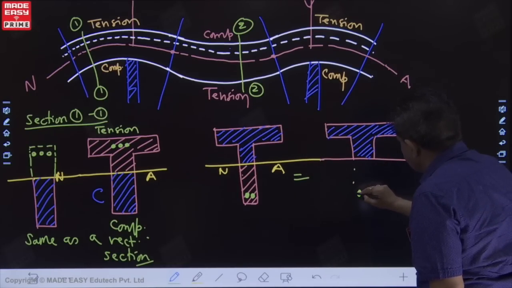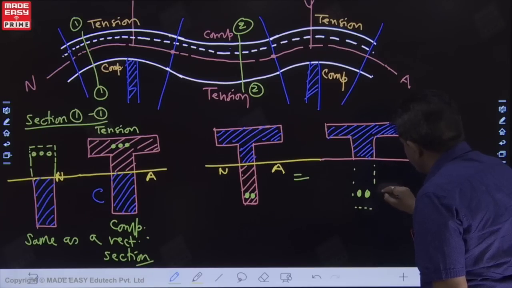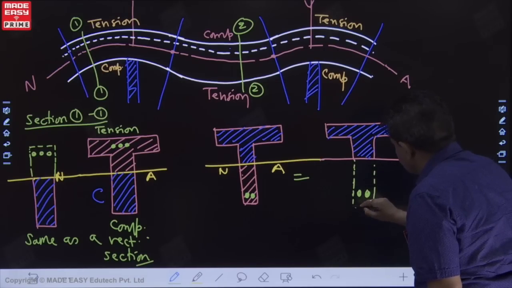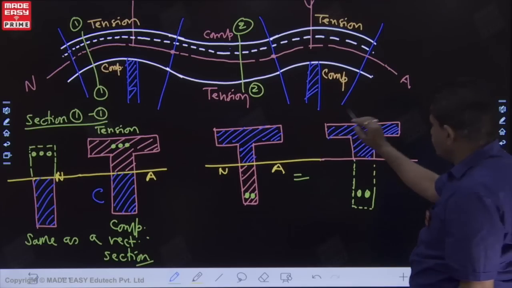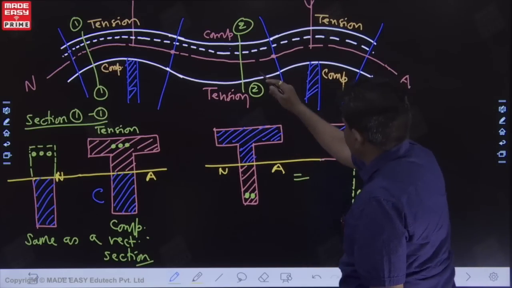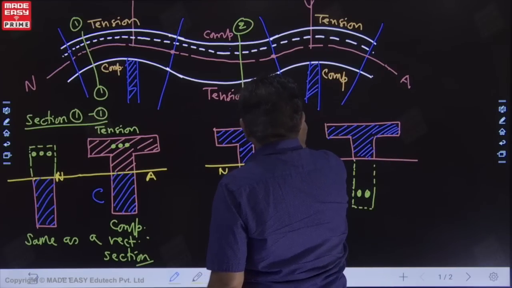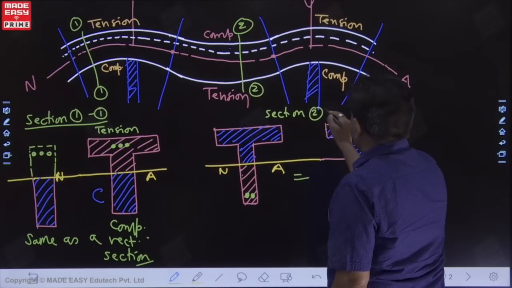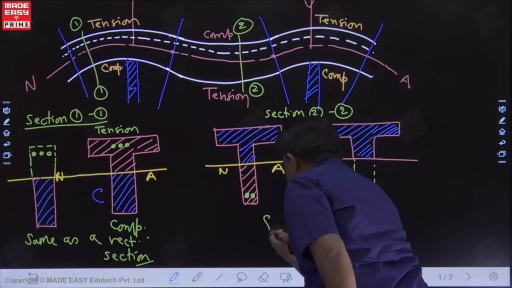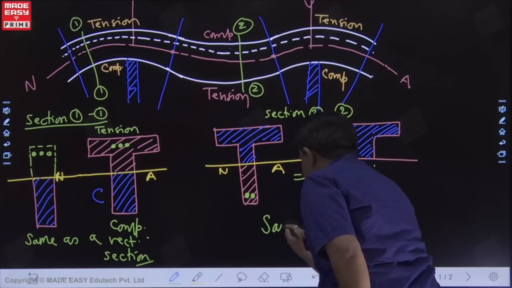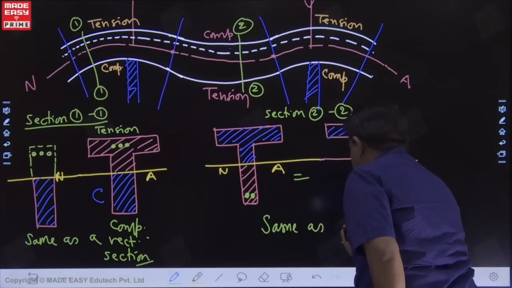If I show that this concrete area that you have neglected is this much, whether you consider it or not doesn't matter. So this cross section at section 2 2 behaves like a T-beam. This is same as a T-beam.